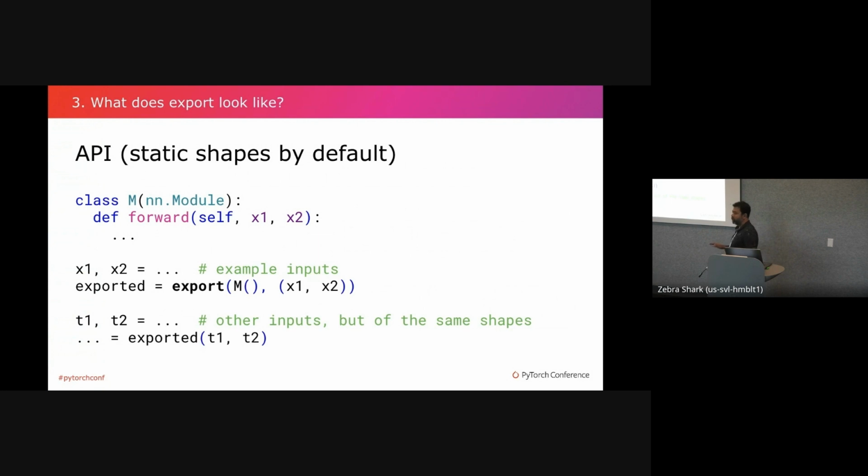In fact, we can automatically export a whole bunch of models in our open source benchmark suite, including a bunch of Hugging Face and TIMM models and so on, just by doing this. Of course, you may run into errors when you cannot get a full graph, in which case you will have to rewrite your code based on the examples that are linked to the error messages that we just talked about.